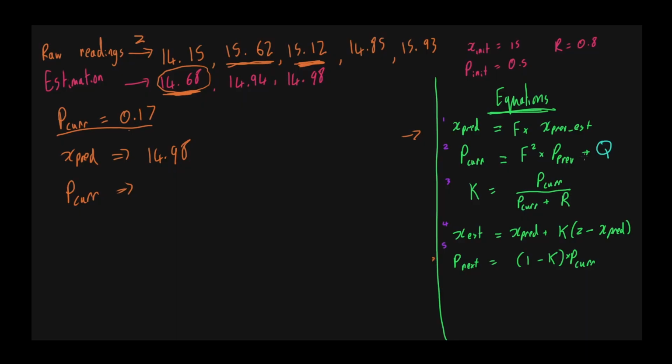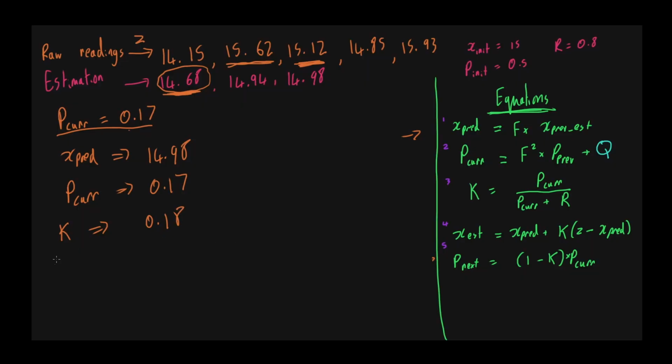So then we do our state error covariance, which is again F squared. There is no model, there is no Q, just the previous state error covariance, which is 0.17. Okay, now we just do our Kalman gain, and K equals the current state error covariance divided by the current state error covariance plus the measurement error covariance, which stays at 0.8. And that is 0.18.